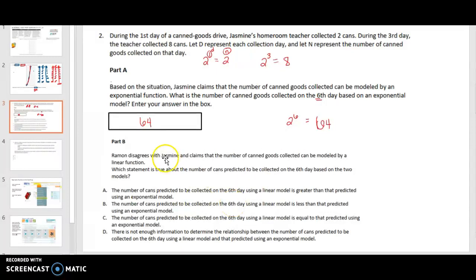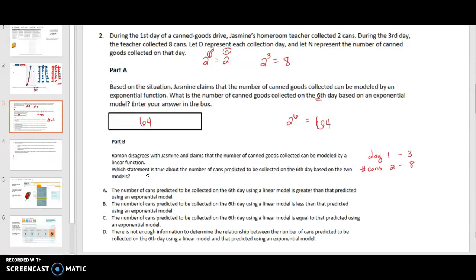All right, so Ramon disagrees with Jasmine. He claims that the number of canned goods collected can be modeled by a linear function. So what that means is from day 1 to day 3, the number of cans went from 2 to 8.